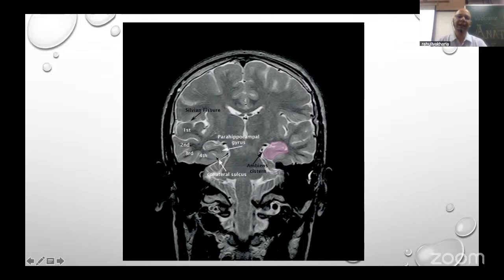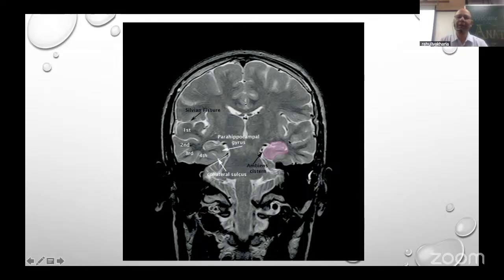You can see this arrow: this arrow is the collateral sulcus. This is the temporo-occipital or subcollateral gyrus. The second white arrow that we have labeled is the parahippocampal gyrus. The parahippocampal gyrus is laterally bounded by the collateral sulcus.